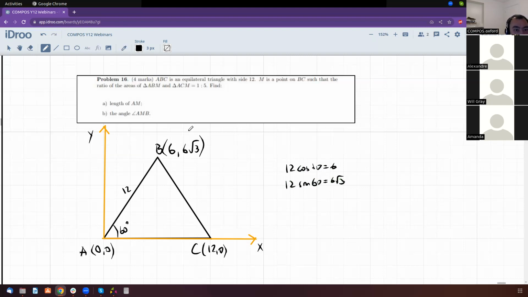All right, then point M is on BC, such that the ratio of the ABM is 1 to 5. So M is here.